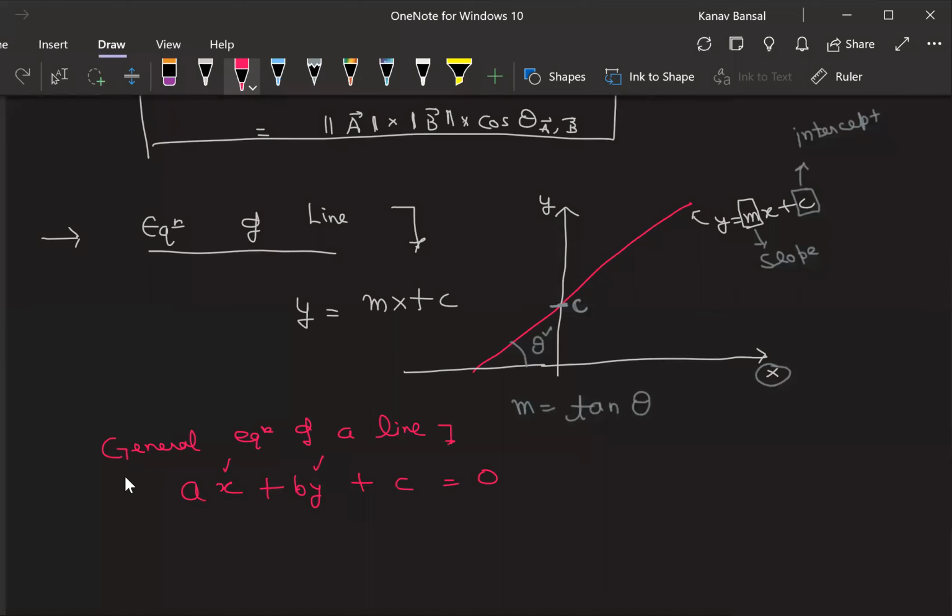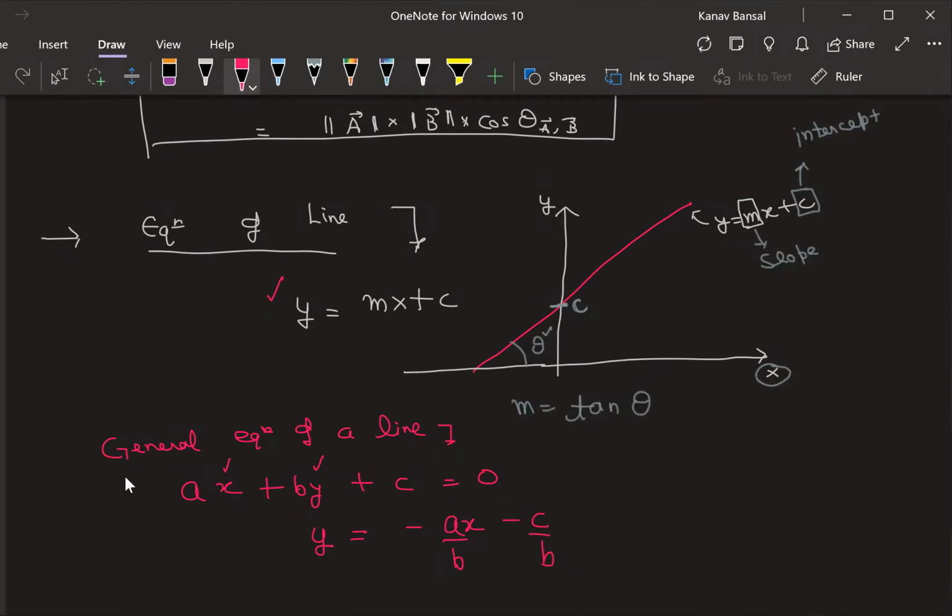In order to bring this equation to the form y equal to mx plus c, I can say by equal to minus ax minus c. Finally we can remove this b from the left hand side and put it on the right hand side in the denominator for both ax and c. Is this clear to everyone?